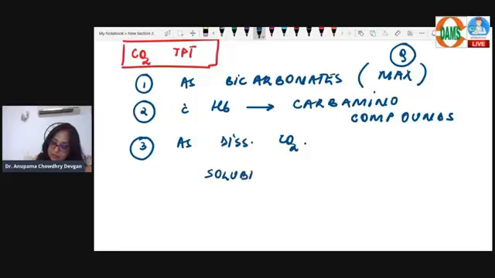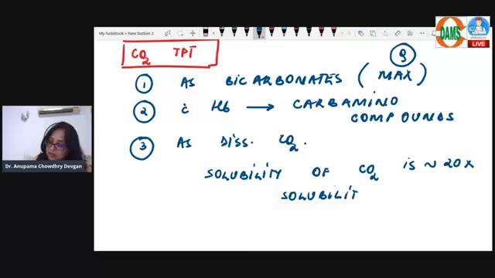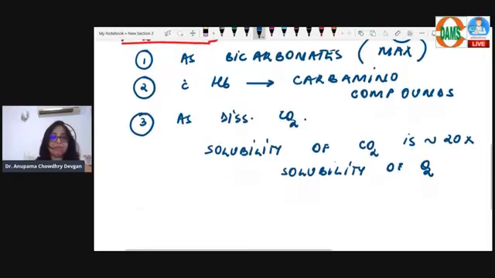Solubility of CO2 is approximately 20 times the solubility of oxygen, right? It has been found to be 20 times more as compared to the solubility of oxygen, right?